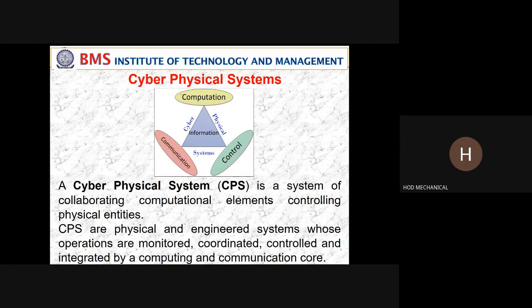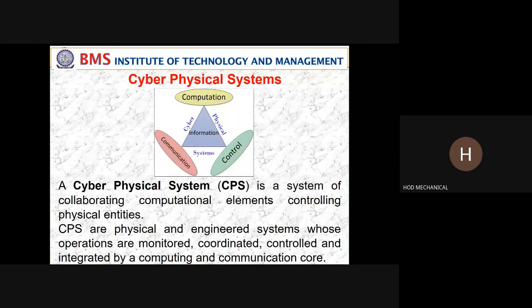Means to say, in cyber physical systems we have computation, communication and control to be carried out. What type of computation, communication and control you need to make is with respect to the cyber physical system.